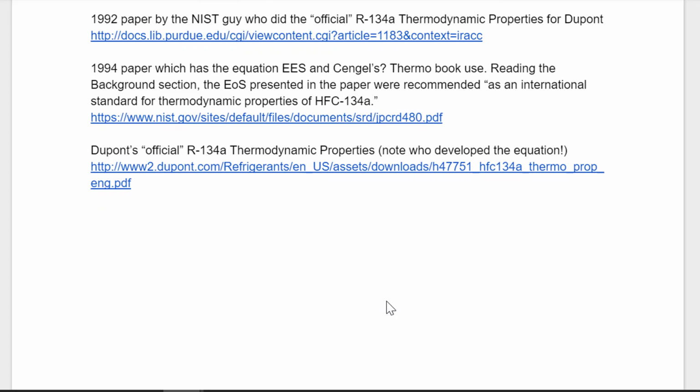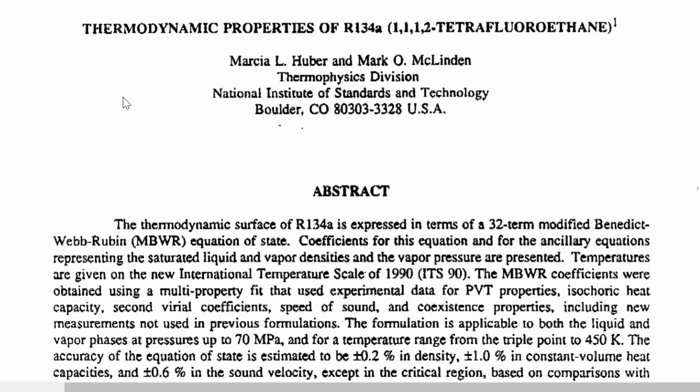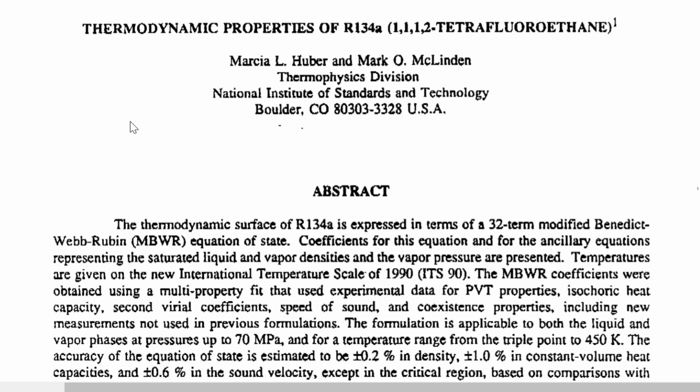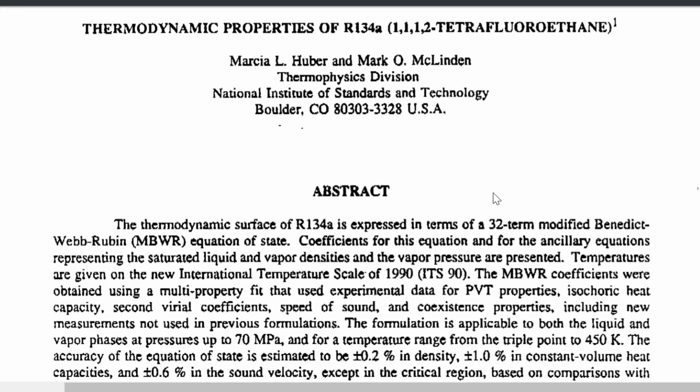Let's first look at this 1992 paper by some NIST guy. So here's that paper: thermodynamic properties of R134A, by Marcia Huber and Mark McLinden. If we read down here, the thermodynamic surface of R134A is expressed in terms of a 32-term modified Benedict-Webb-Rubin equation of state.